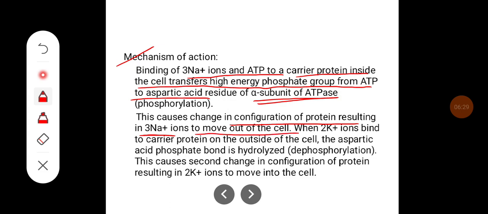When 2 potassium ions bind to the carrier protein on the outside of the cell, the aspartic acid phosphate bond is hydrolyzed, which leads to dephosphorylation. This causes a second change in the configuration of the protein, resulting in 2 potassium ions moving into the cell.